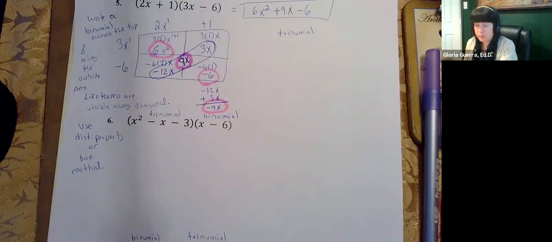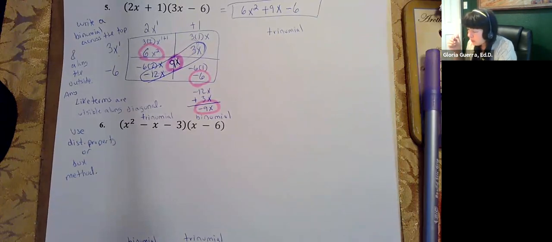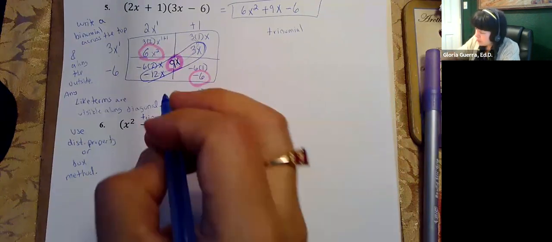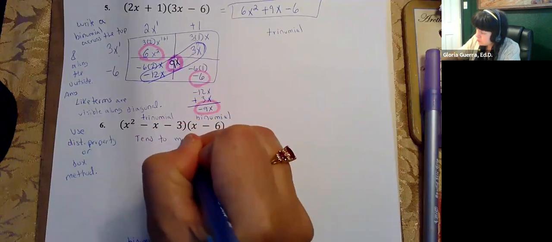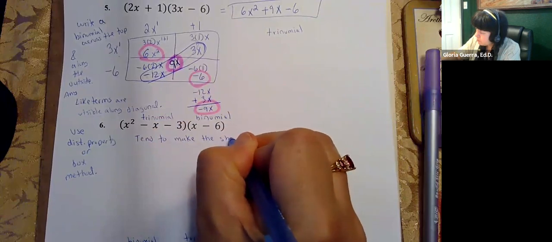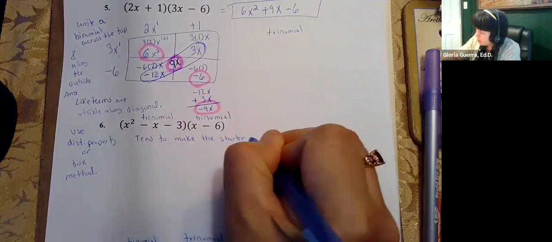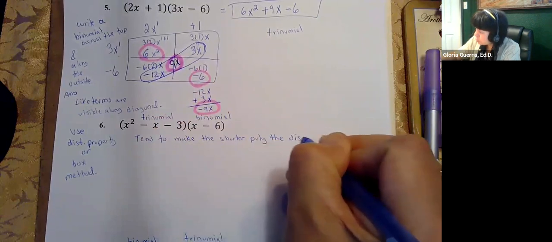So usually what happens with the distributive property, I tend to make the shorter polynomial the distributor.